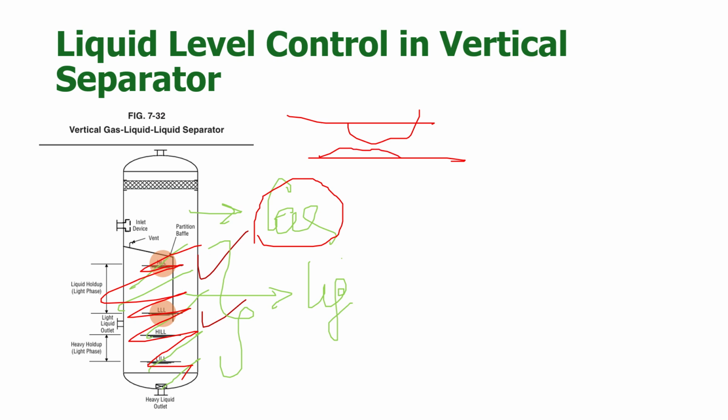And what we mentioned at the beginning, from the top of the vertical separator we have this compressor. That's why if the gas area is decreased, you don't have proper separation, you might lose some liquid content into the gas.